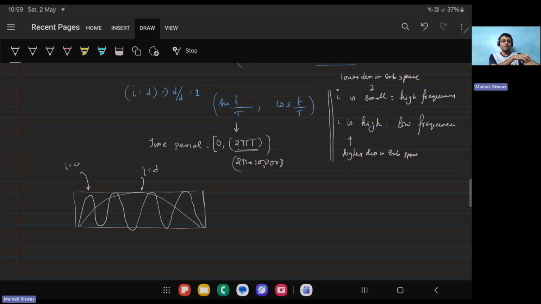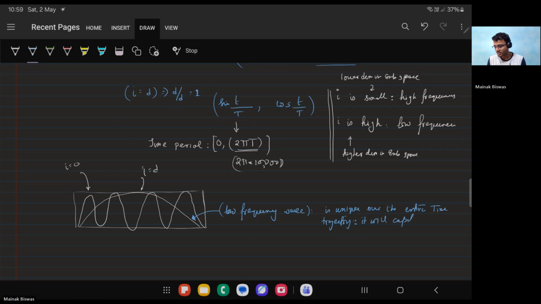So what you're observing is that this wave, which is the low frequency wave, is unique over the entire time trajectory, so it will capture long-term dependencies.